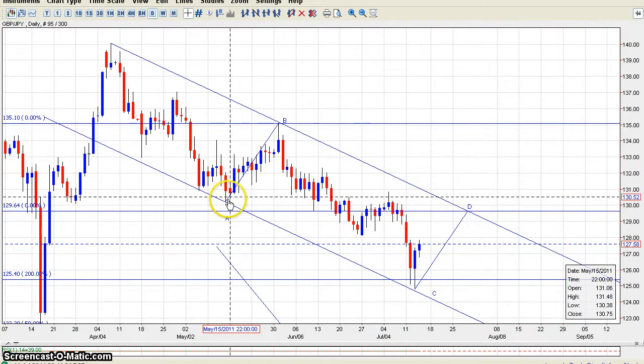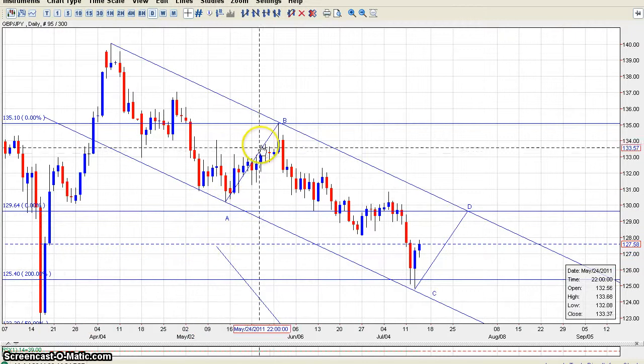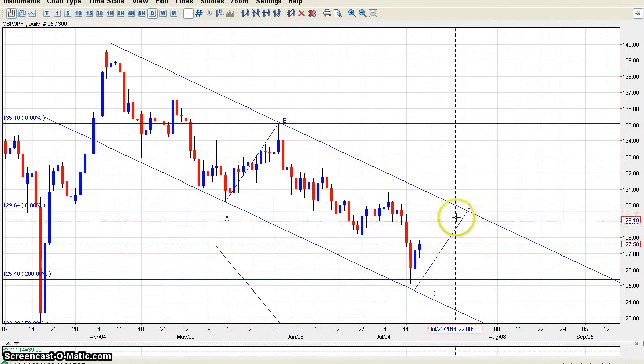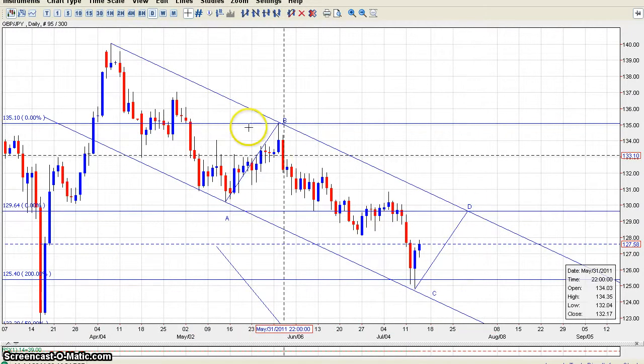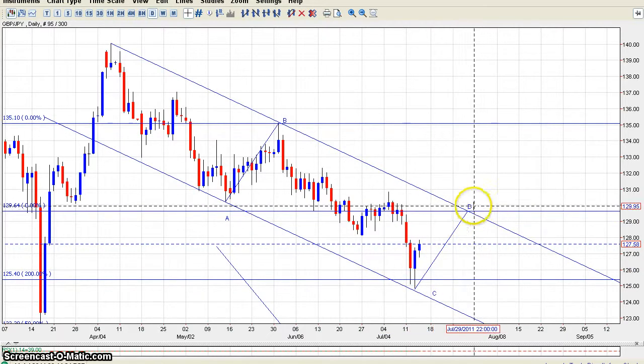If the BC is a 200% extension of the AB leg, then the D point should be around 50% of the BC leg. If that's 161.8, the D point would be a 61.8 retracement.